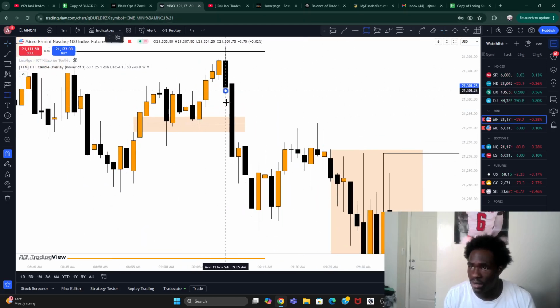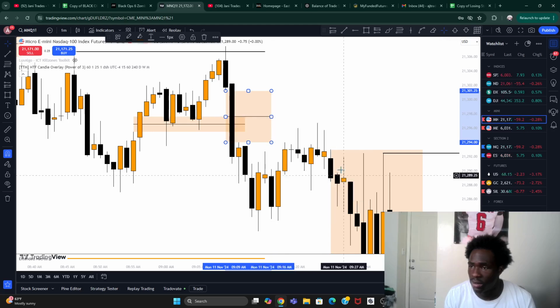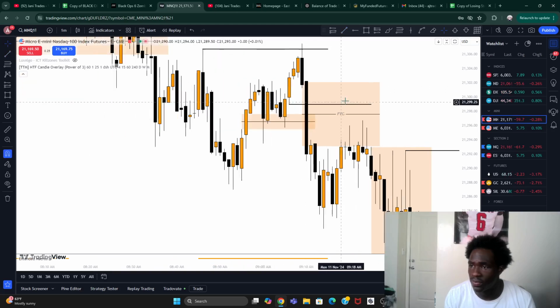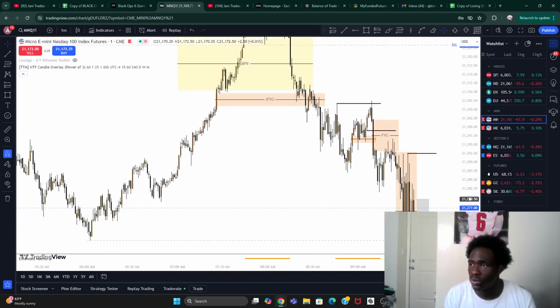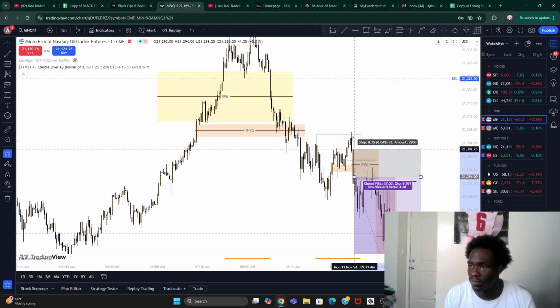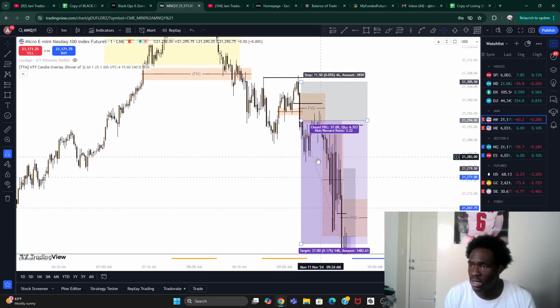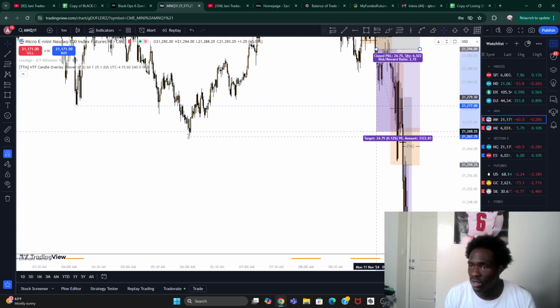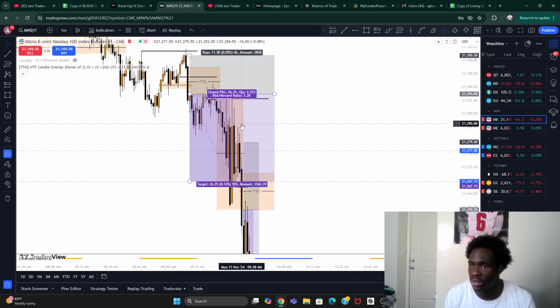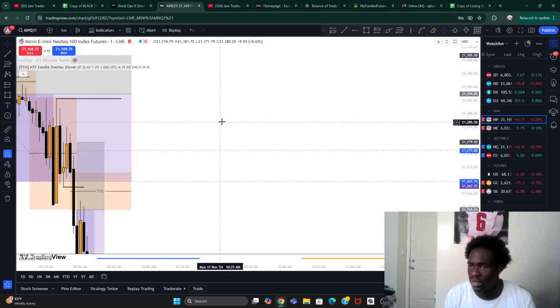We had a fair value gap here, fair value gap there, and then we had a break of structure here, and we set this up for one of these moves, right at these highs, and then we shoot for the lows for one to twos. This initially would have been a great trade, literally a great trade, but we have chop here.